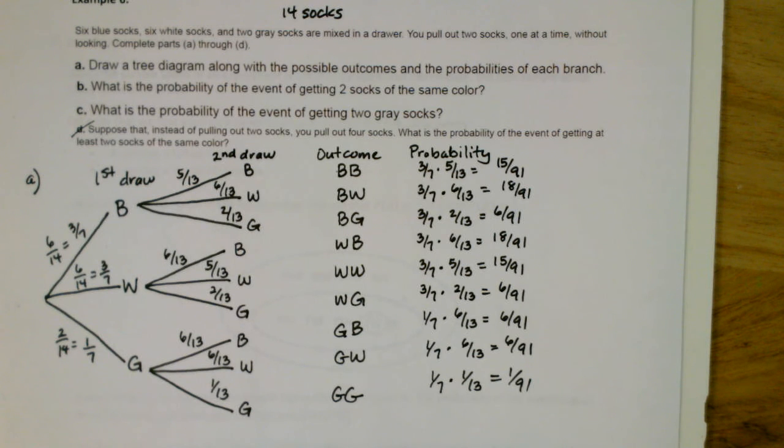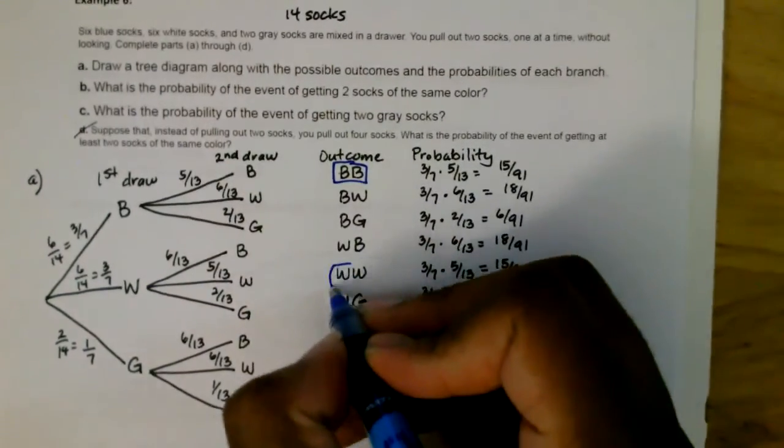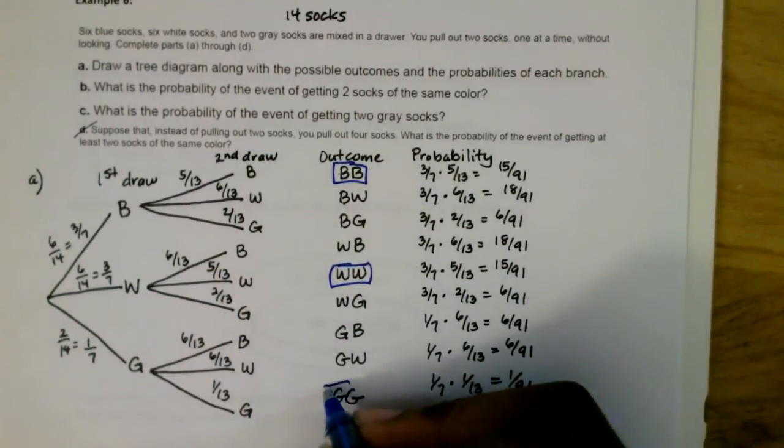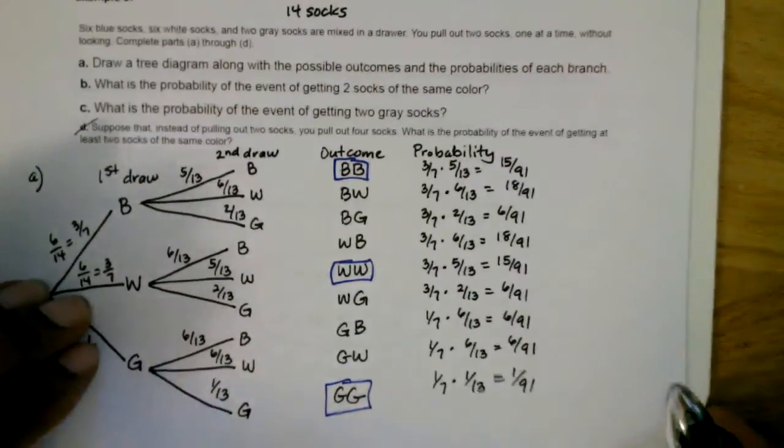All right, so now we've answered part A. Let's answer part B. What's the probability of the event of getting 2 socks of the same color? Well, this time, a blue and a blue, a white and a white, a gray and a gray. We need to add those probabilities together.